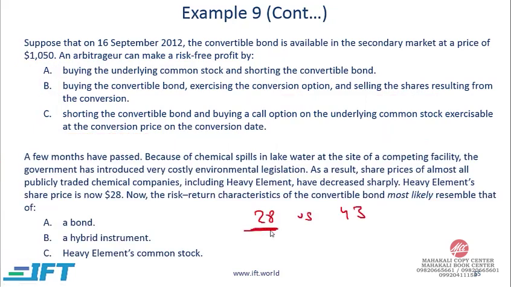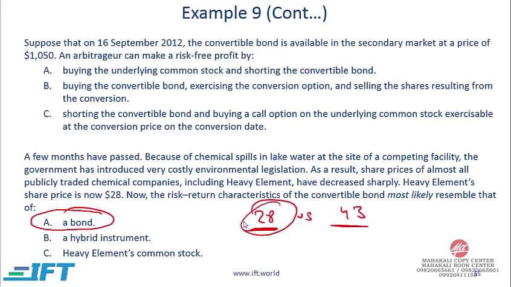Now notice that the market price is much lower than the conversion price. And if you remember our discussion earlier, when the market price is much lower than the conversion price, then the convertible security will behave like a bond.